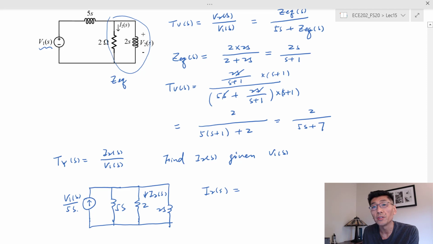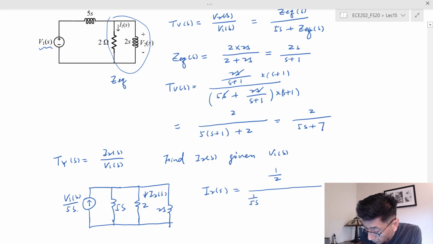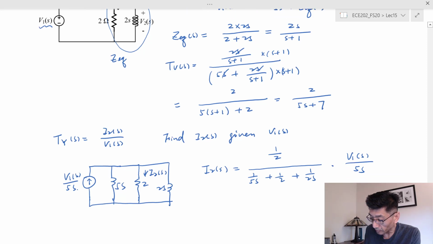So we're gonna use the general form, which is the admittance of that element, 1 over 2, over the sum of the admittances, 1 over 5s plus 1 over 2 plus 1 over 2s, times the total current, which is V sub 1s over 5s, right?